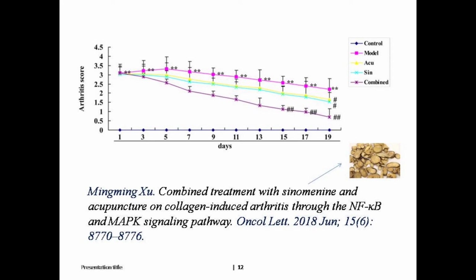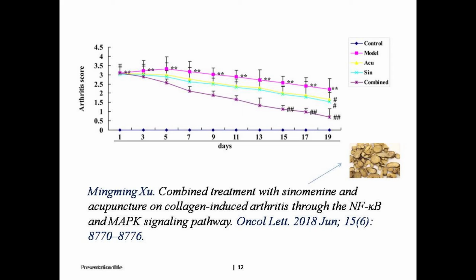You can read this. It's a very interesting research. So this research tells us a combination of herbs and acupuncture will have a better effect than herbs or acupuncture used singly.